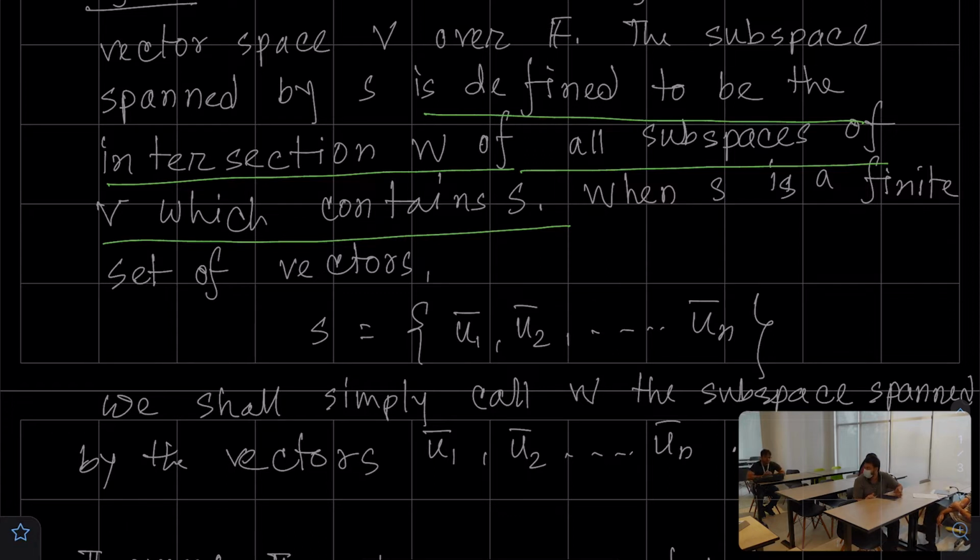But my question was whether that subset can be an infinite set. Suppose R2 is the vector space that you start with, and on the real line you have the set Z, the set of all integers. Can you form the span of all integers?